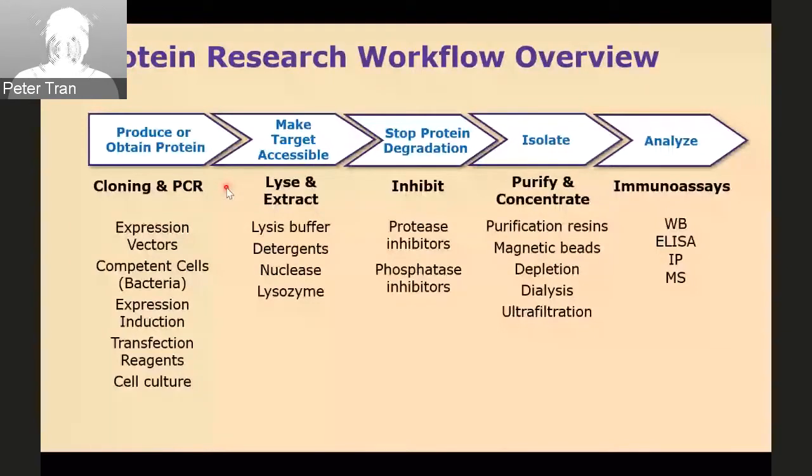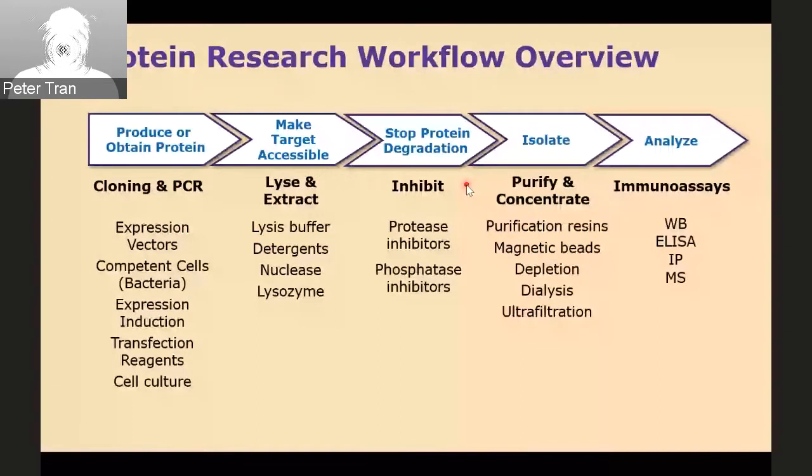We need to lyse the sample and extract protein, and at the same time we need to protect the proteins from protease. And then some people want to isolate or purify the target protein further, or concentrate or clean up, before they can analyze by Western blotting, ELISA, IP, or mass spec.